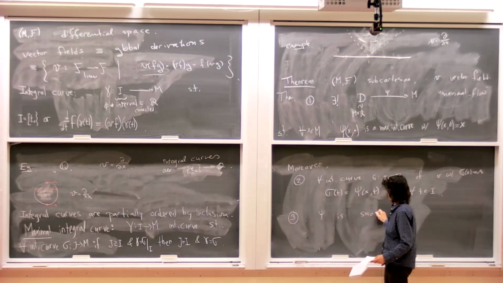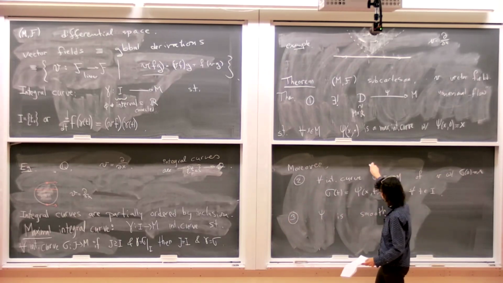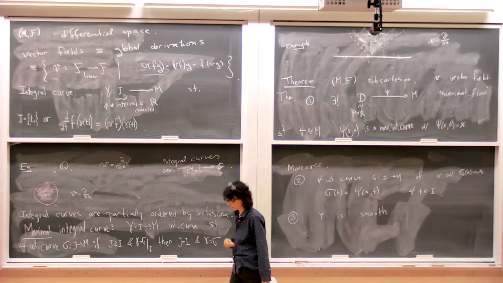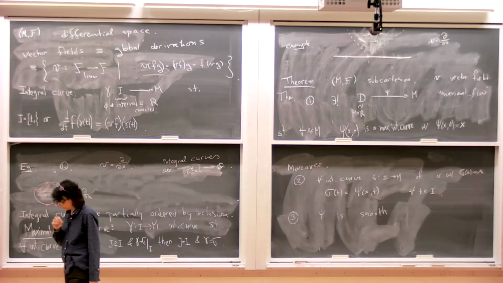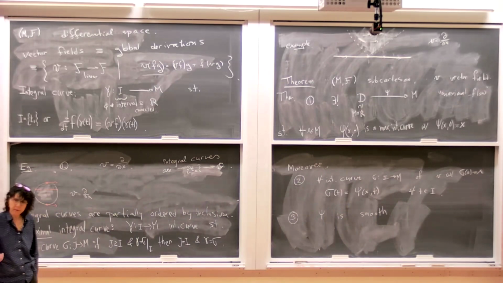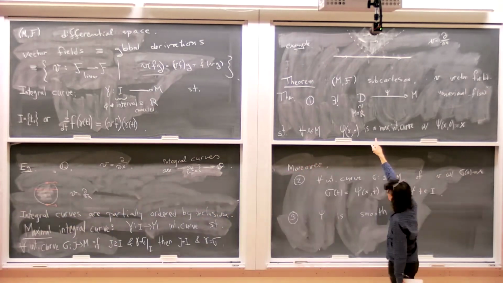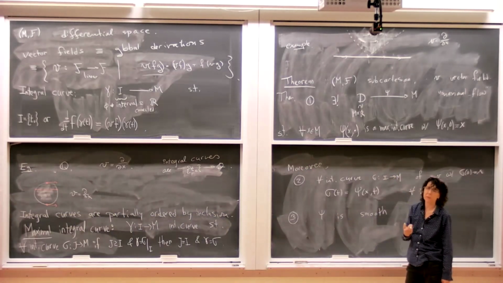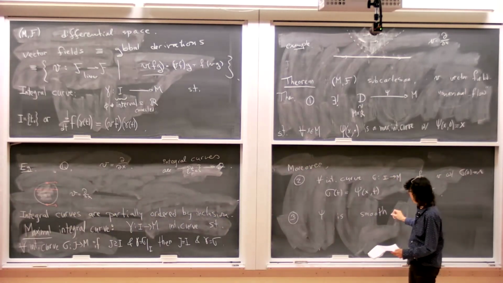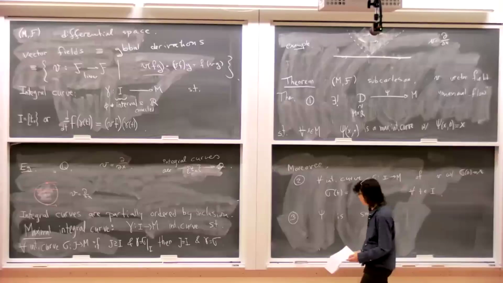Schnetitsky did prove the existence and uniqueness of these maximal integral curves. He proved that the curves themselves are smooth, but he did not prove that the flow as a whole is smooth as a map on the subset of M cross R. So that's where the challenge was, where we had to quite sweat.